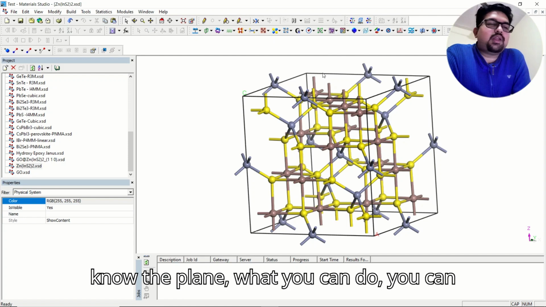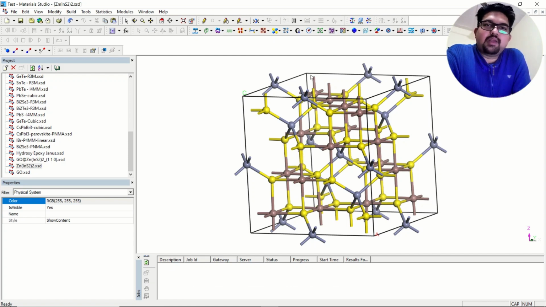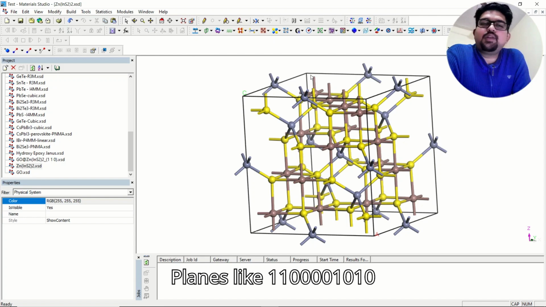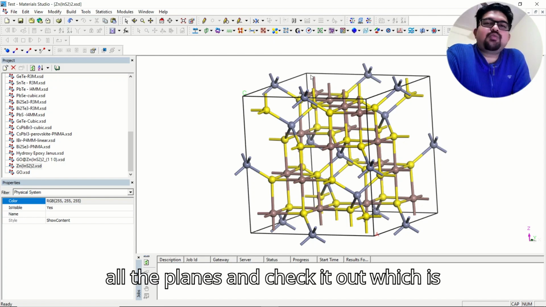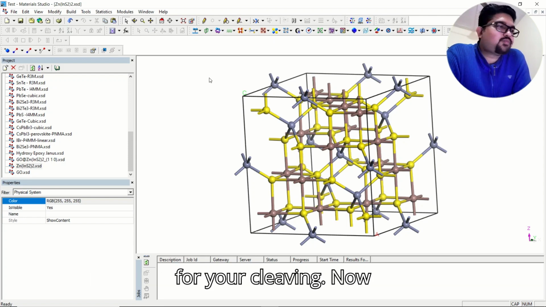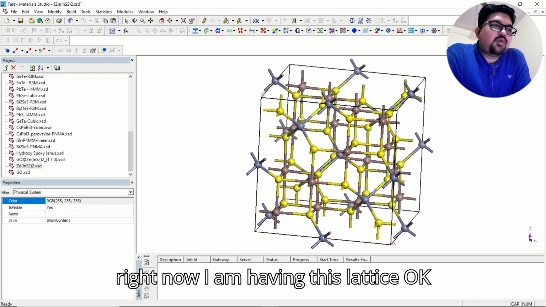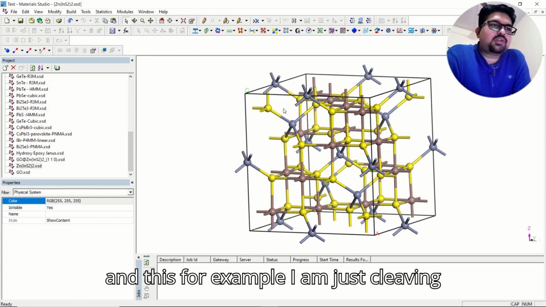Or in case you don't know the plane, you can cleave the surface in various planes like 110, 001, 010, all the planes, and check which one has the lowest energy and use that surface for your cleaving.